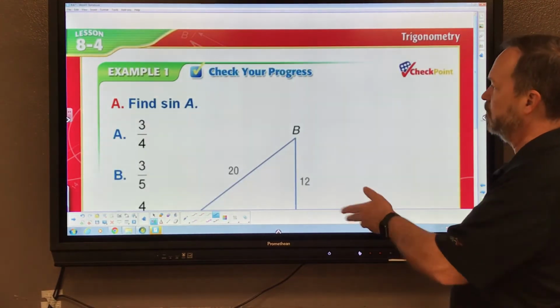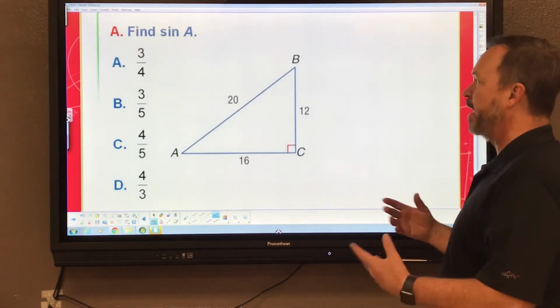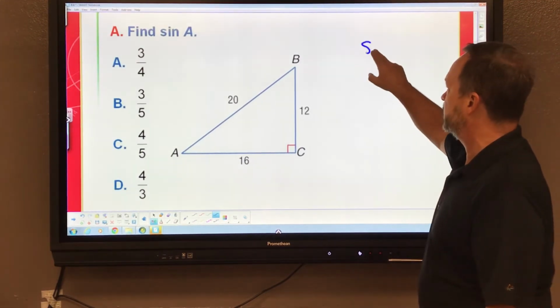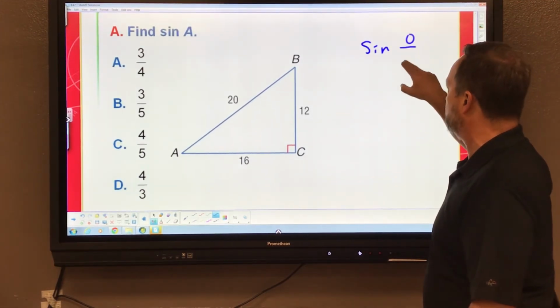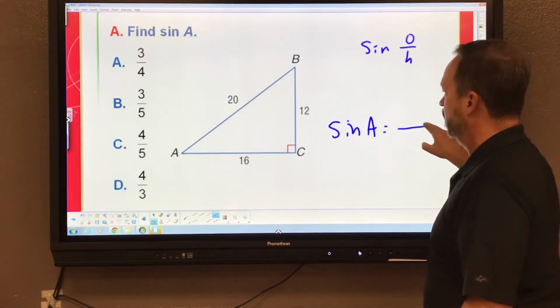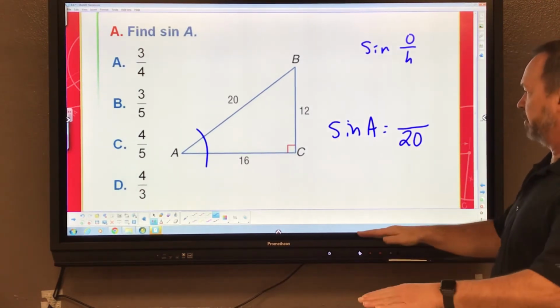So we could go through and do all those different pieces. Here's just some more practice with this. We won't do all of these either. Since sine is orange horses, in this case the sine of angle A, that's this one, the hypotenuse is 20, period.